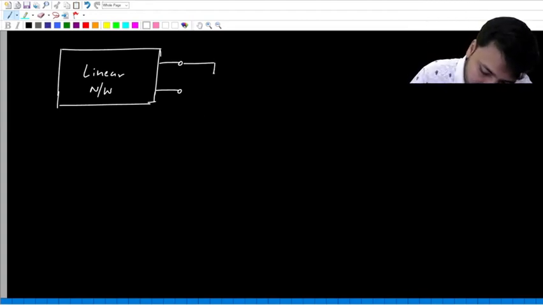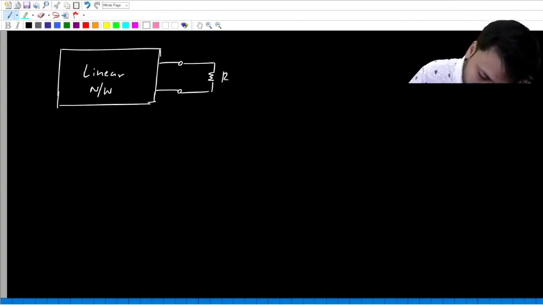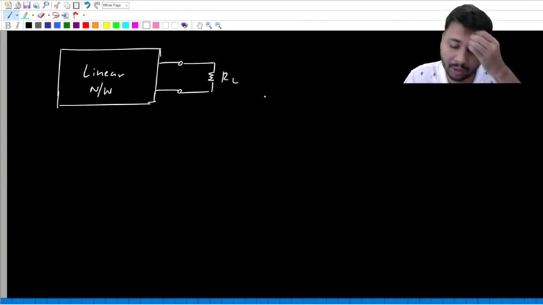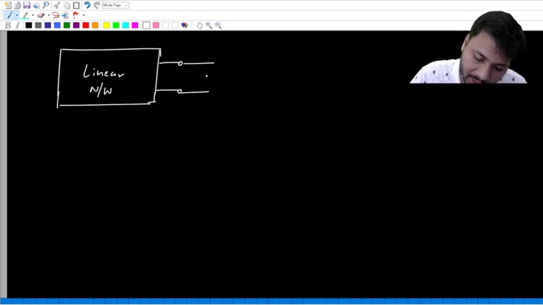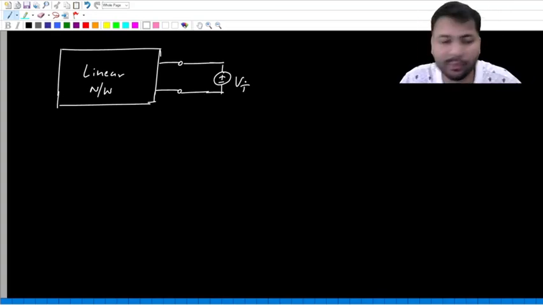And let's say across this linear one port network, instead of a load resistance, we have a voltage source Vt, T for test.